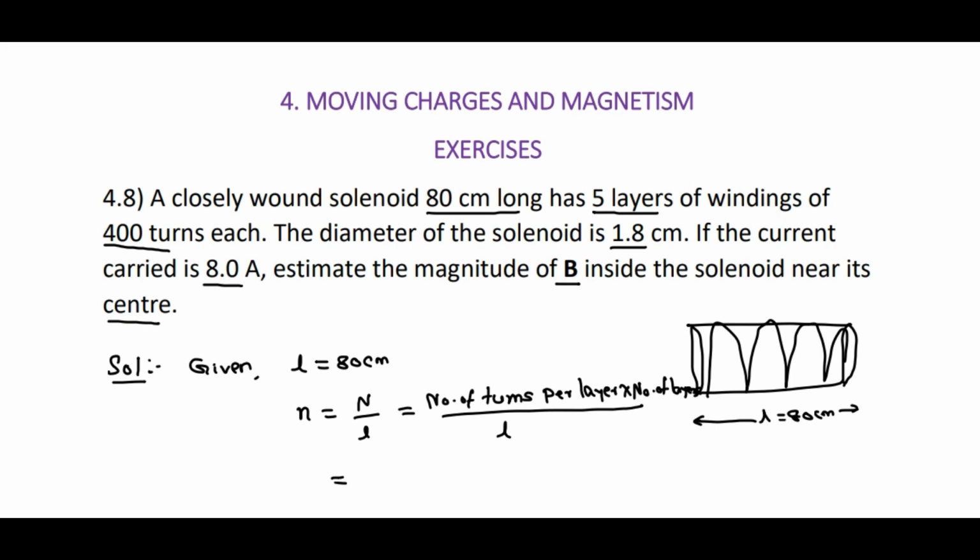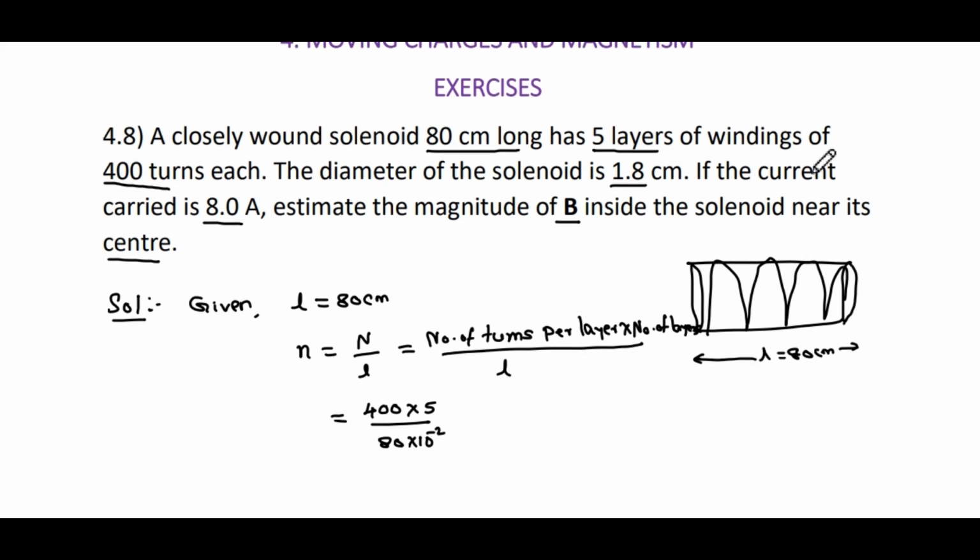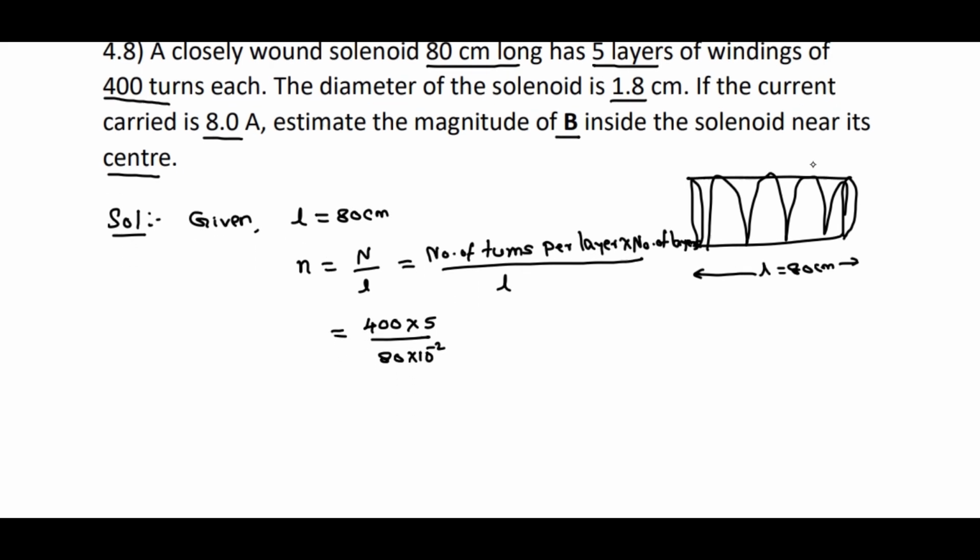That is equal to 400 and number of layers are 5 divided by 80 into 10 power minus 2. So this value will give us 2500 meter inverse.